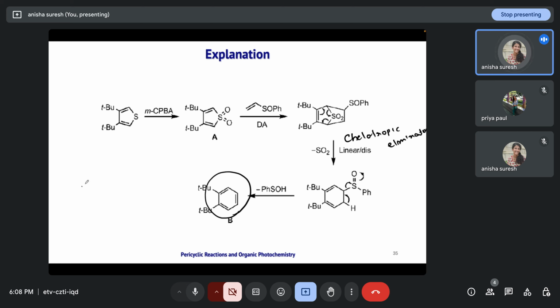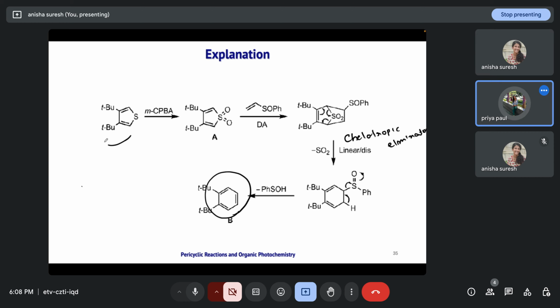There is another possibility also, I guess. Here also, no, no. Here, chelotropic elimination is not possible. In this sort of system, only chelotropic elimination will be possible. Fine.